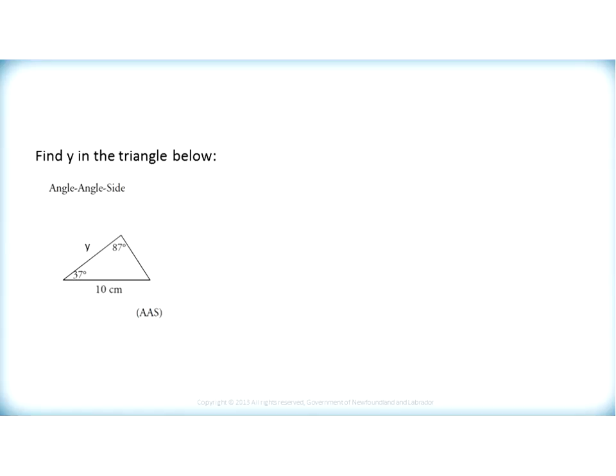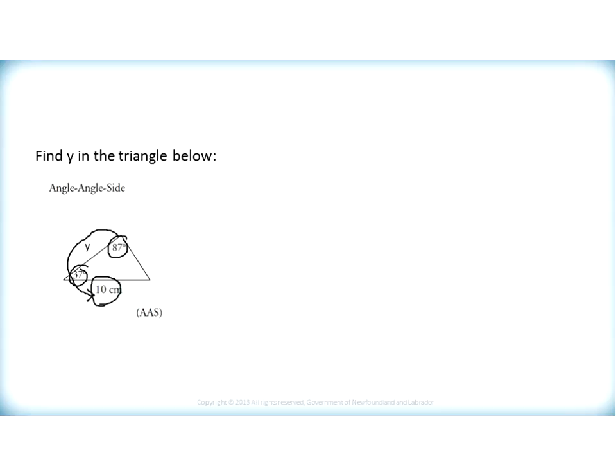So now we're going to find y in the following triangle. This is an angle-side triangle. It's called angle-side, if you recall, because we know this angle, and this angle, and this side. So this side right here. So we're traveling in this direction.